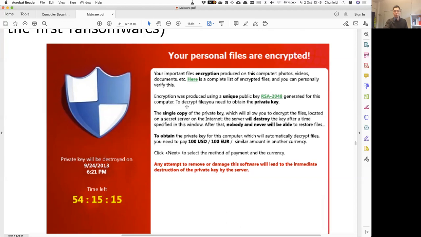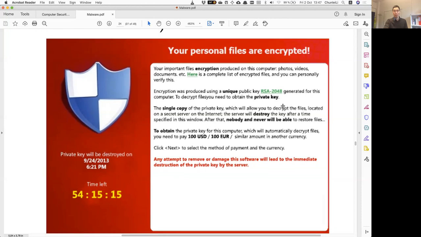And so it mentions that to decrypt a file, you need to obtain the private key. And some of these ransomware are rather considerate, and they provide very detailed instructions to the victim on how to pay and how to decrypt the files.